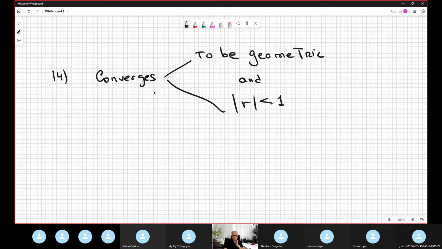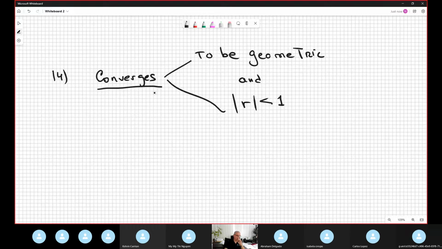If these two conditions are satisfied, you can affirm convergence. Otherwise, no. By the way, the majority of series are divergent, and only one special series is convergent.